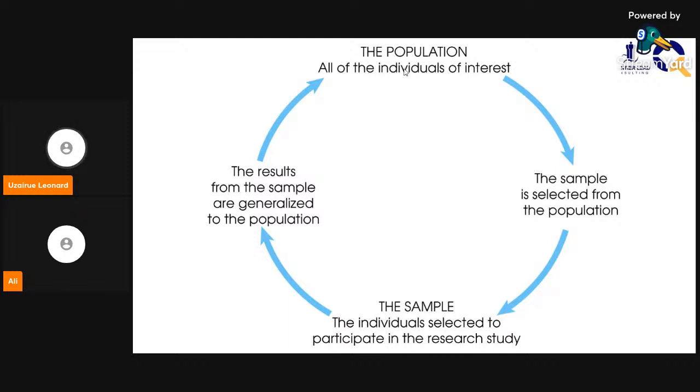After you have done that, whatever conclusion you make, you can actually make it to FCT, because you collected samples from the whole area, not just one segment.